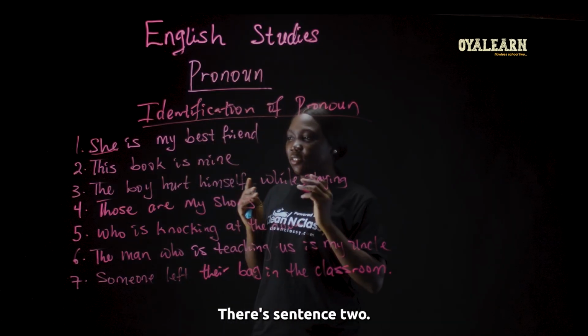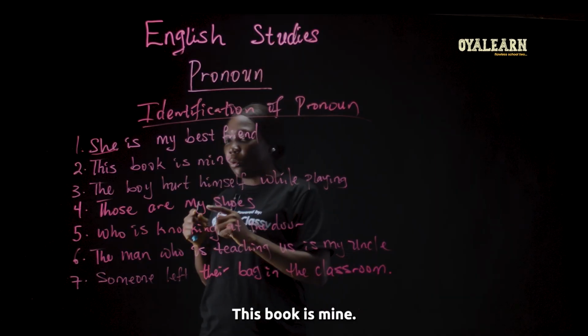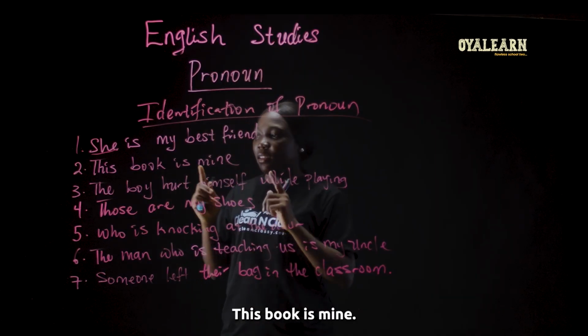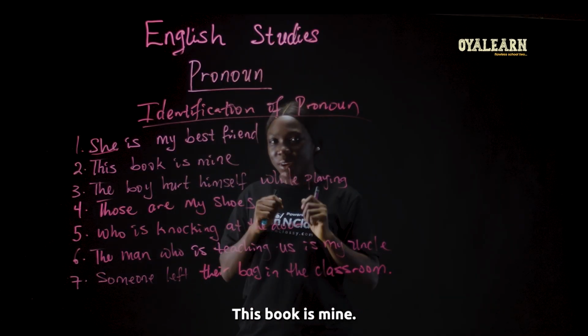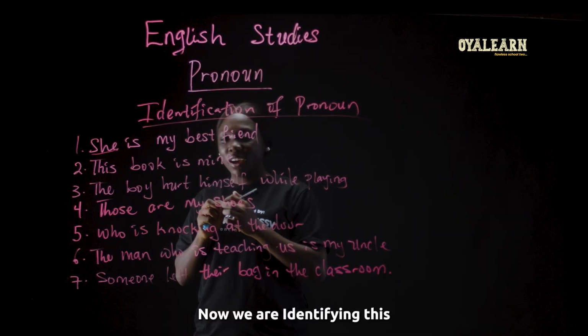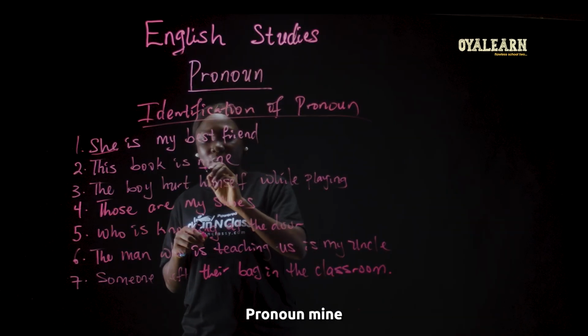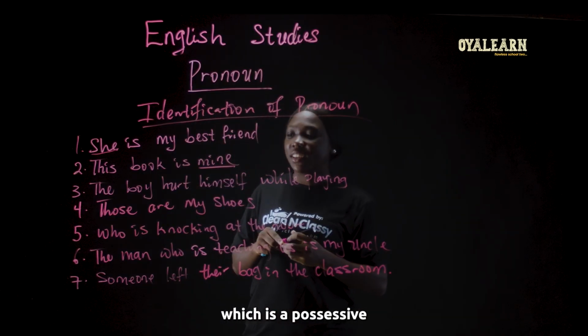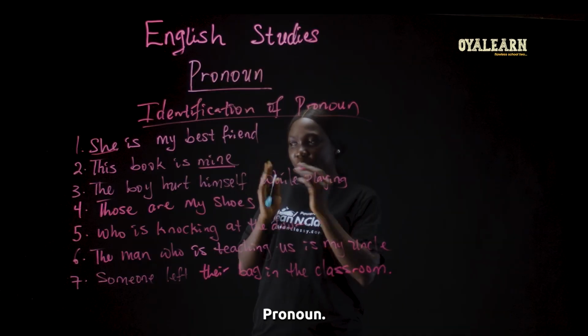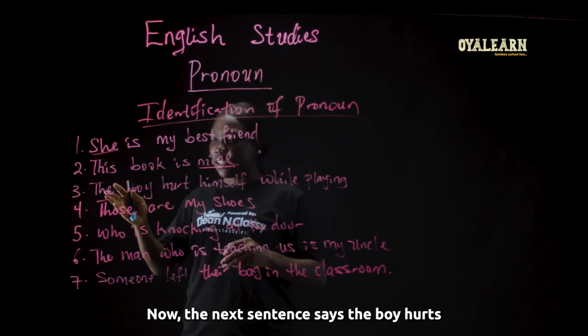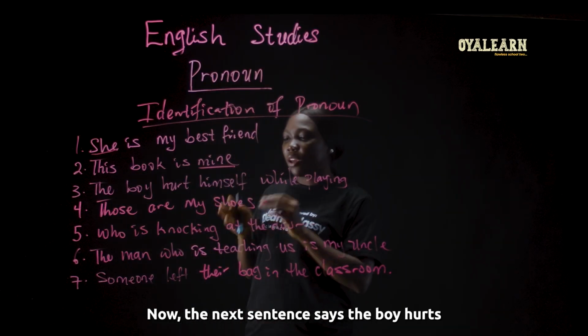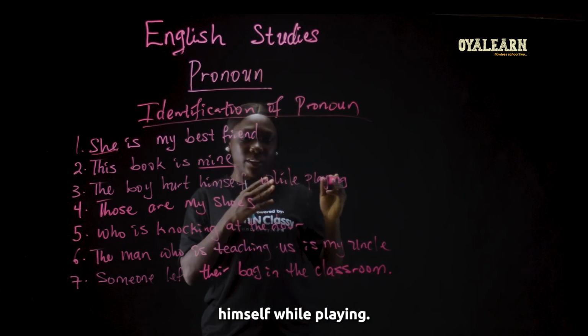Then sentence 2. "This book is mine." Now we are identifying the pronoun mine, which is a possessive pronoun. Now the next sentence says, "The boy hurt himself while playing."